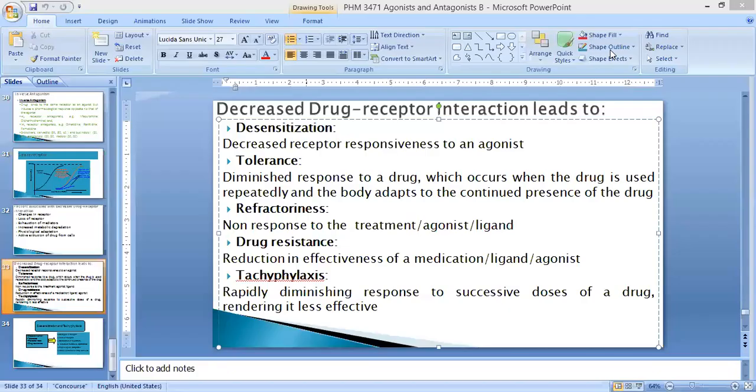Now we're coming to stating a few questions. We've already covered this when we were covering chemistry in organic chemistry: we have zero order reactions and first order reactions.